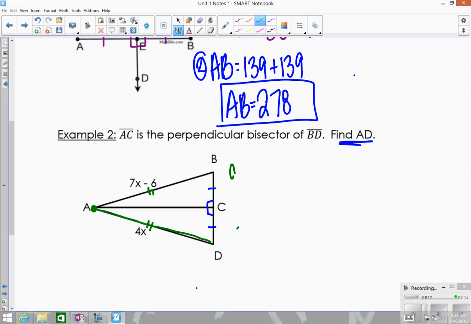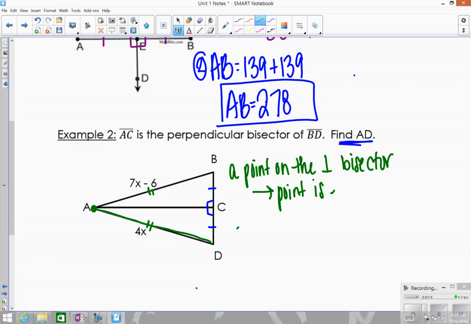A point on the perpendicular bisector implies that the point is equidistant from endpoints.